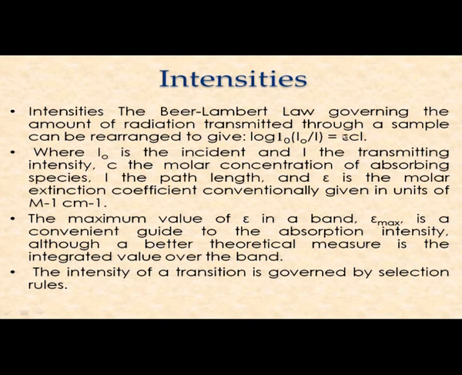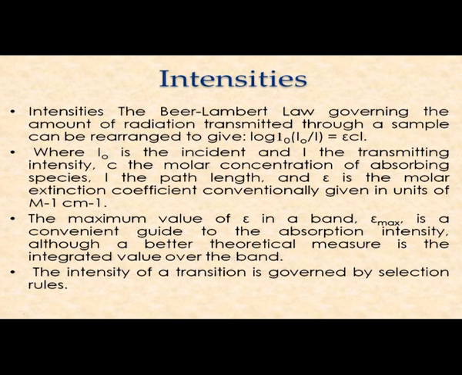The maximum value of epsilon, the molar extinction coefficient in a band, is represented by epsilon max, a convenient guide to the absorption intensity, although a better theoretical measure is the integrated value over the band. This intensity concept is used to understand the absorption spectrum of any substance.